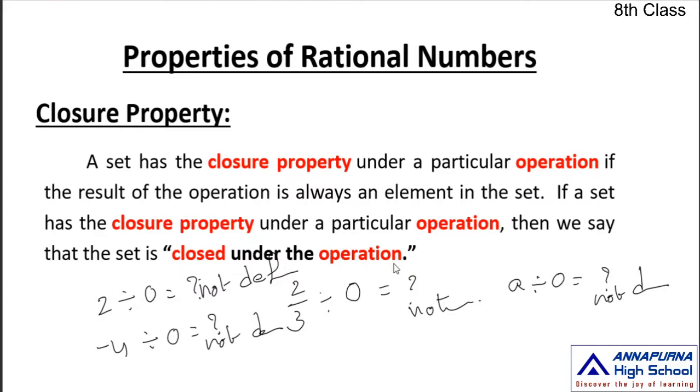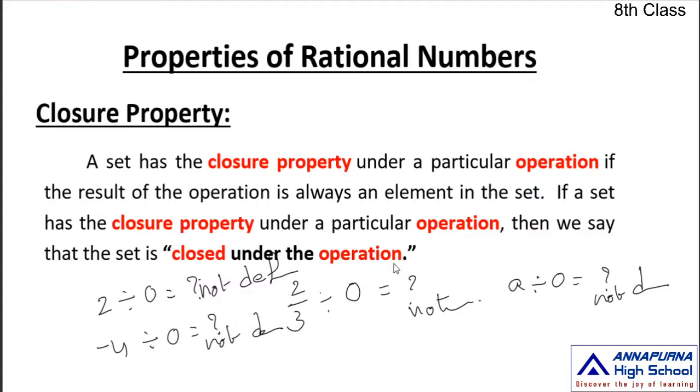I think you understand what is happening here. Now say, are the rational numbers closed under division or not? No, they are not closed under division. Why? Because when you divide a number by 0, the result is not defined. Except in this case, where the divisor is 0, if you take out this 0 from the rational numbers and divide a rational number by another rational number, yes, you get a rational number.